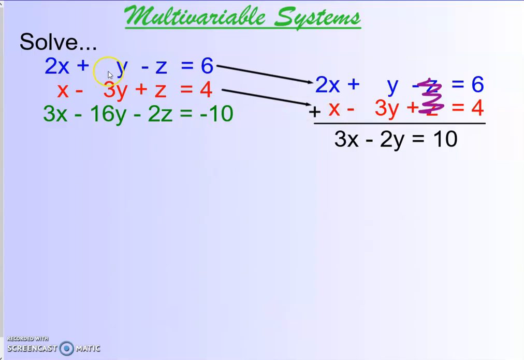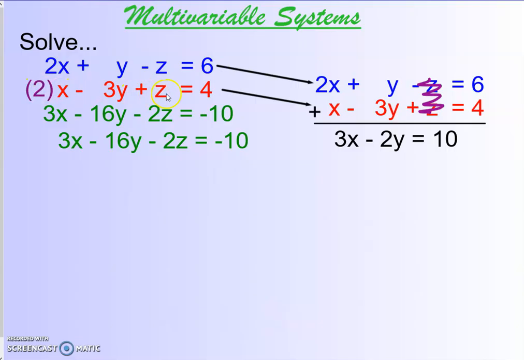So I need to come back over here and get another equation with just x's and y's using a different combination. Like I need to bring the green in somehow. So I'm thinking maybe I can bring this green in. And what if I took this red equation, but to get rid of the z's, it looks like I need this to be not plus z, I need it to be plus 2z.